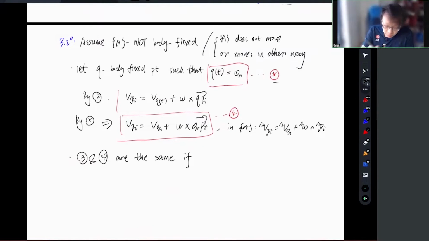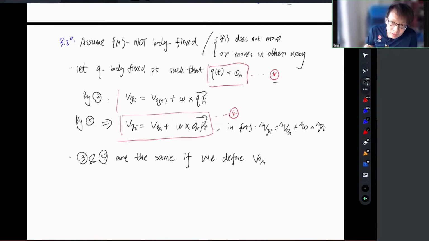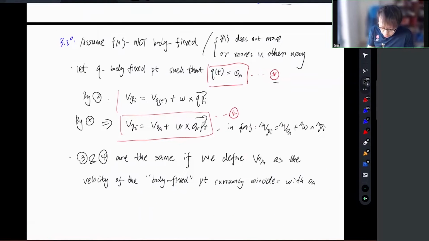If we define the symbol VOA in a special way, as the velocity of the body fixed point currently coinciding with OA, then OA may not be body fixed.